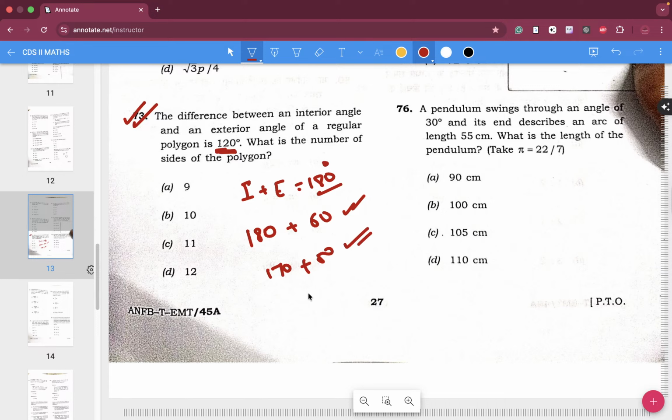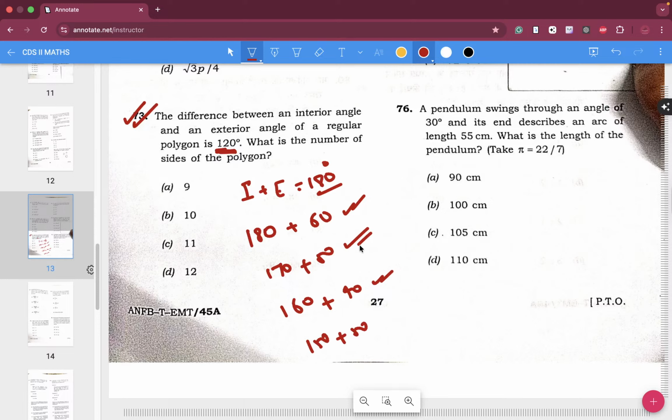The sum is not 180. 160 over here and 40 over here, then it is 200 only. So 150 plus 50.